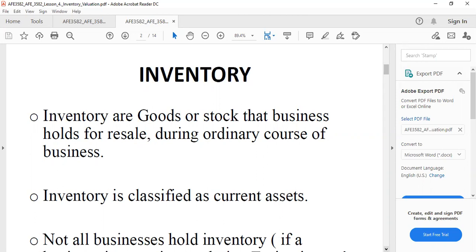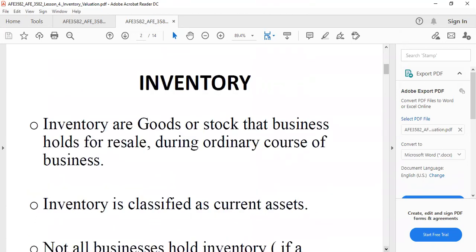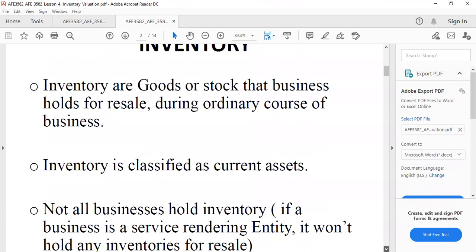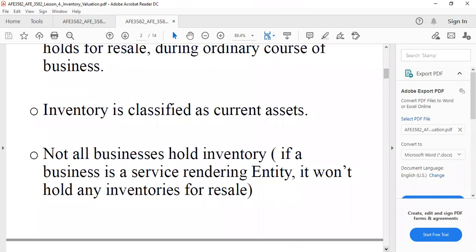Okay, it says that not all businesses hold inventory. Now what does this mean? We said you have a lot of different kinds of inventories, but not all businesses hold inventory. For example, service rendering businesses such as a salon, a barber shop, a school.